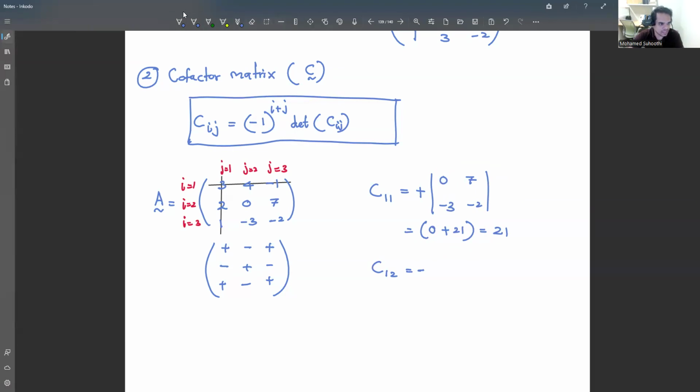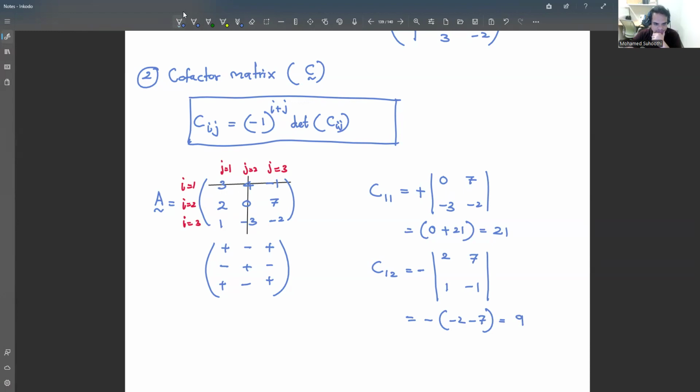You will take this column, this row, right? The balance, what is balance? 2, 7, 1, minus 1, right? So that will be minus, this is minus 2, minus 7, so that means 9.